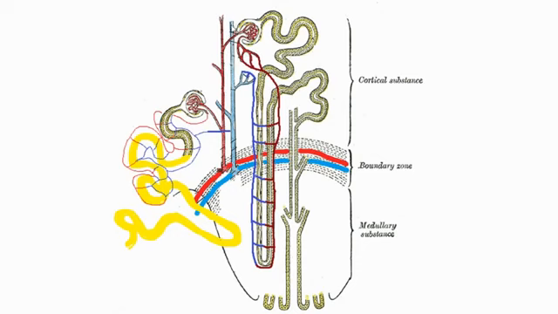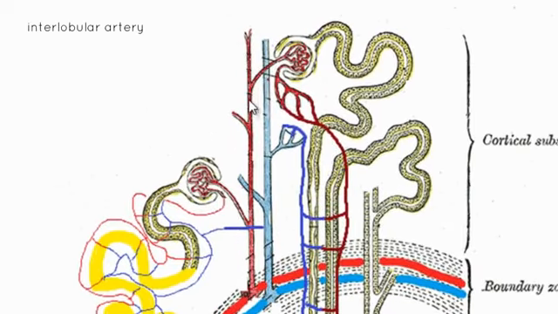Well, going back to the blood supply, so we've just come off the interlobular artery, forming the afferent arteriole, which goes into the glomerulus, and then out of the glomerulus comes the efferent arteriole. So in a juxtamedullary nephron, the efferent arteriole forms the vasa recta.